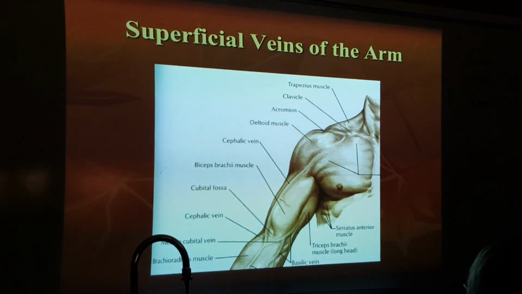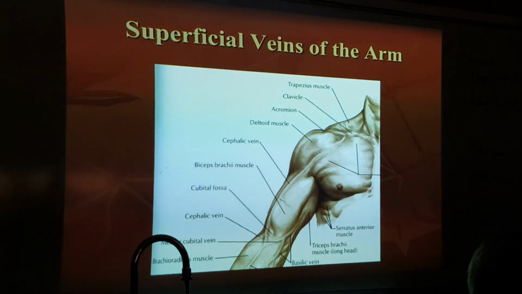But superficial veins that you can see have strange names like basilic and cephalic. And the basilic and the cephalic are connected by the median cubital vein. And those are the three I want you to know, because that's the one that you most commonly get blood drawn out of.